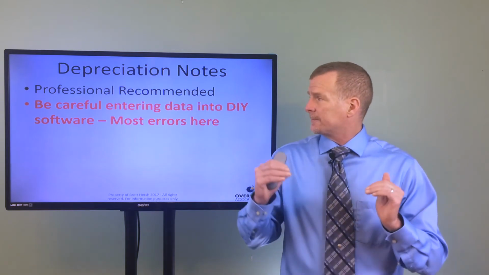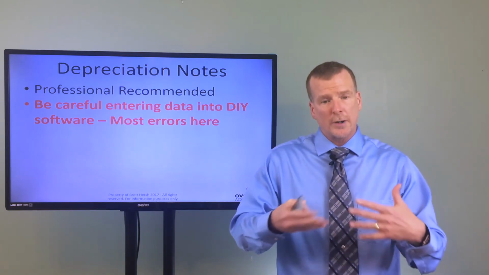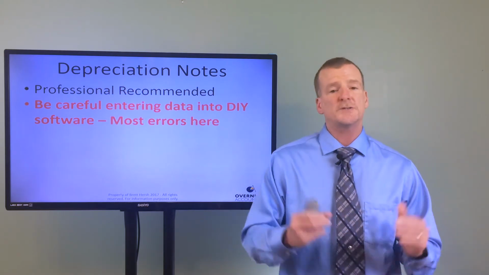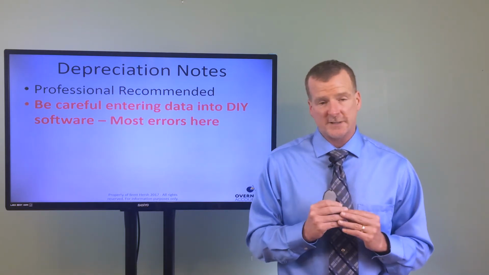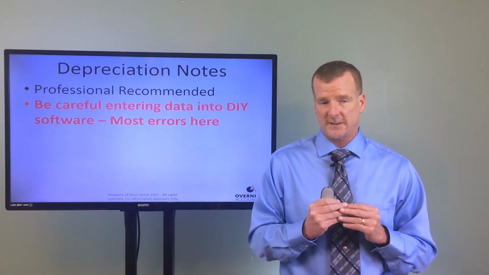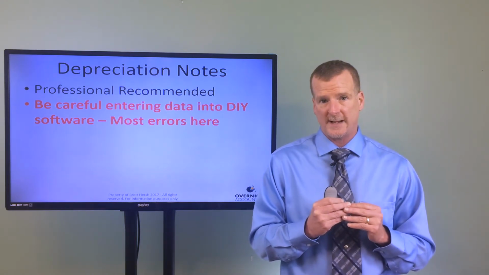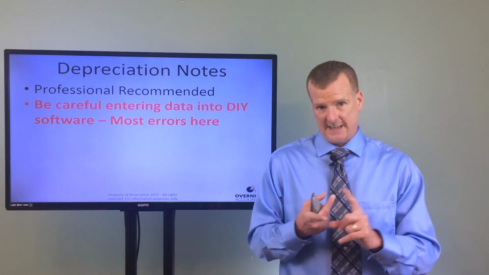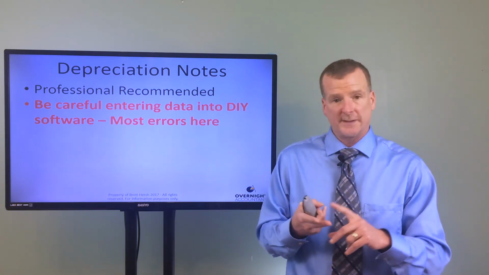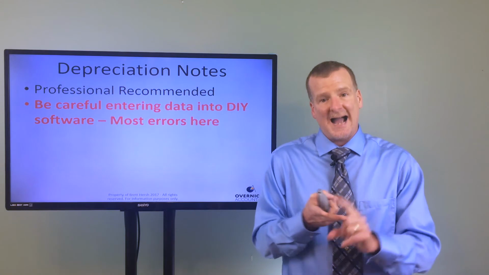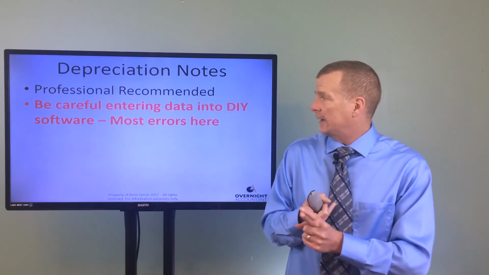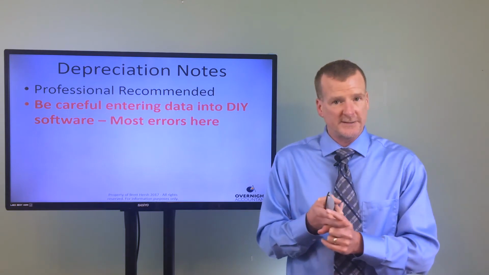I want to give you some advice here. If you are doing your own software, be very, very careful. As I said, most errors occur here. There are a couple of areas on a tax return that folks do themselves that I very rarely see them get correct. One of them is auto expense, actual expenses. The other is going to be home office deduction, actual expenses, not the standard or square footage method you can take on your home office.